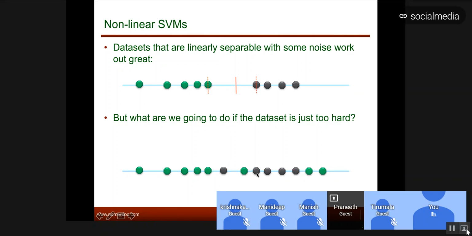So something like this is not linearly separable. If you put a line here, you're making three mistakes already in terms of the greens. If you put a line here, you're making mistakes on 1 black and 3 greens. If you put a line here, you're making a mistake on 1 black and 2 greens.